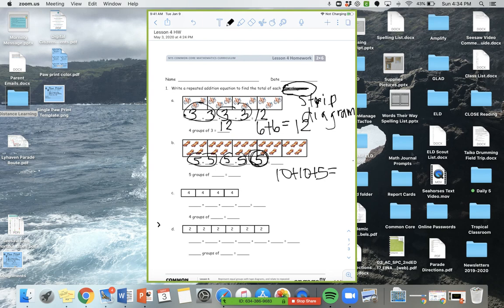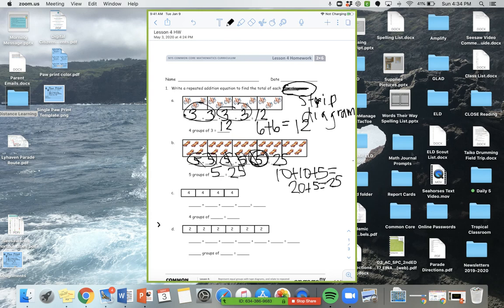So 10 plus 10 is 20 plus 5, which equals 25. Or you can just skip count. 5, 10, 15, 20, 25. So that equals 25. 5 groups of 5, because there's 5 in each group, equals 25.